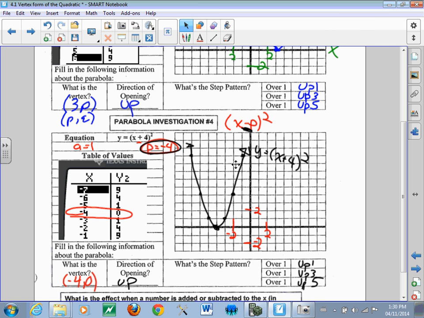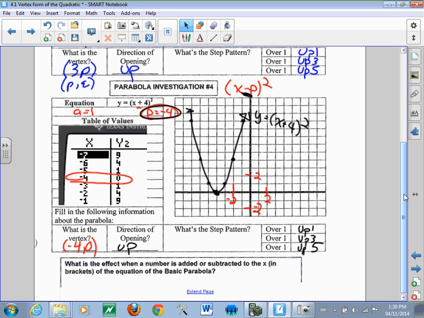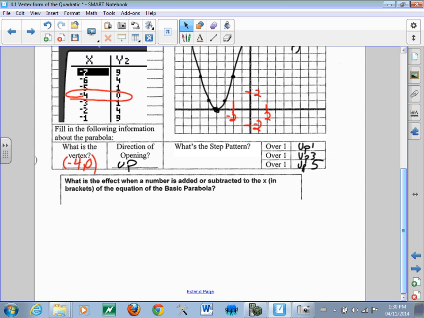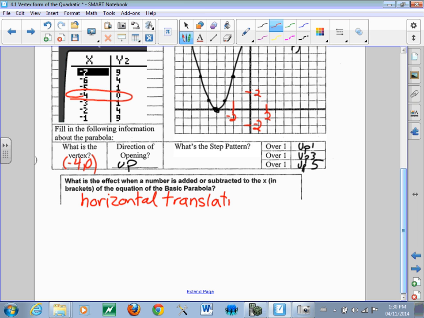Okay? Now the question asks, what is the effect when a number is added or subtracted in the brackets of the equation? Well, first of all, we're dealing with a horizontal translation, so left, right. Okay, and we're going to say when P is greater than 0, it moves to the right. In the example, it's going to look like x minus 5 or something.